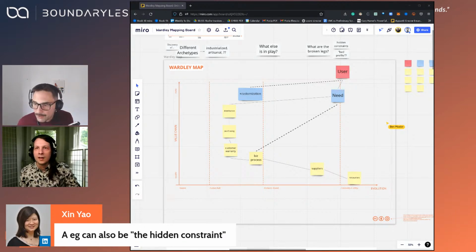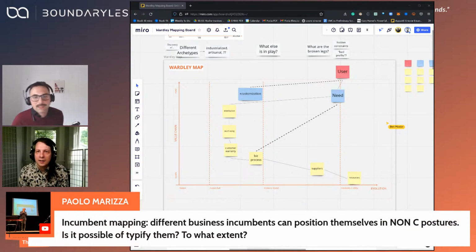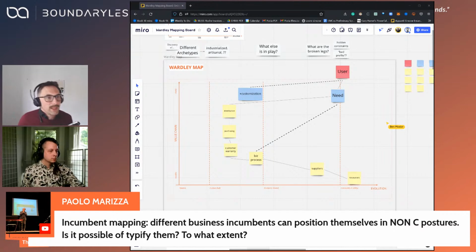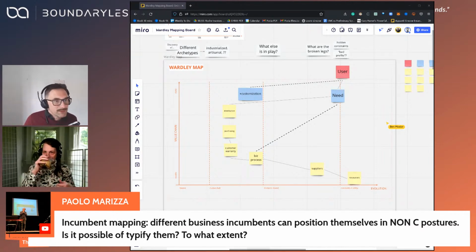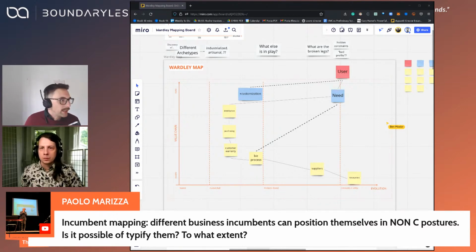Let's try to see a few of them. Paolo says, incumbent mapping: different business incumbents can position themselves in non-C posture, is it possible to typify them? I think this is what we are saying, more or less, right? This idea of typifying archetypes of incumbent markets, sometimes industrial, sometimes, for example, retail.